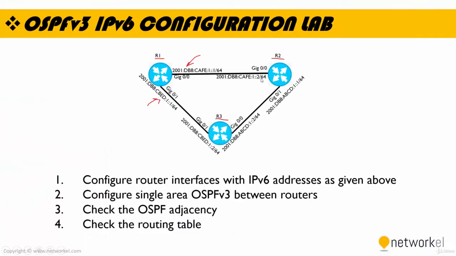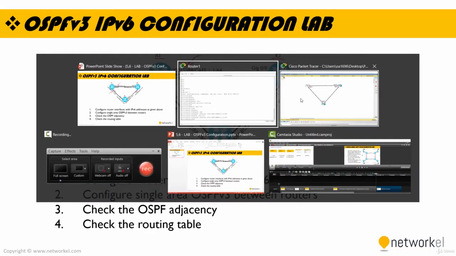Okay, let's go to router 2. It's going to be .2 and .1 for the other side. This is ABCD and this is going to be cafe.